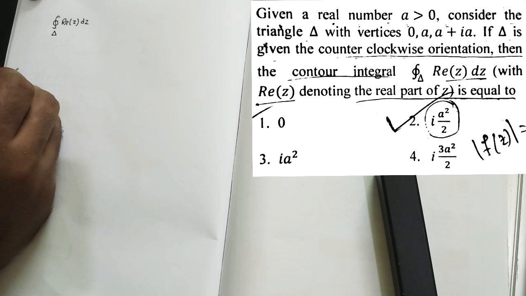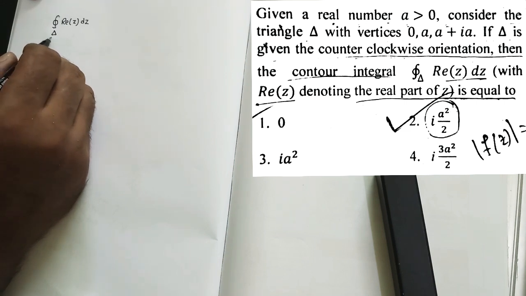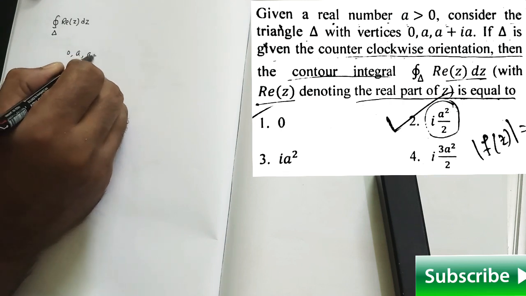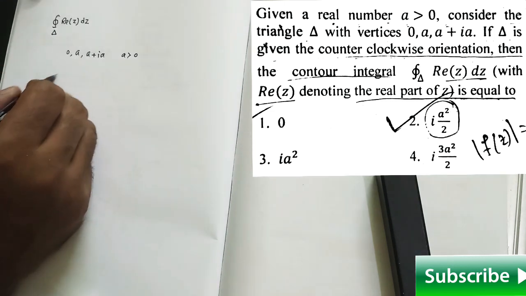To solve this problem, first of all you need to decide the contour. Here the contour is given as delta, and delta is a triangle whose vertices are at 0, a and a plus ia, where a greater than 0.